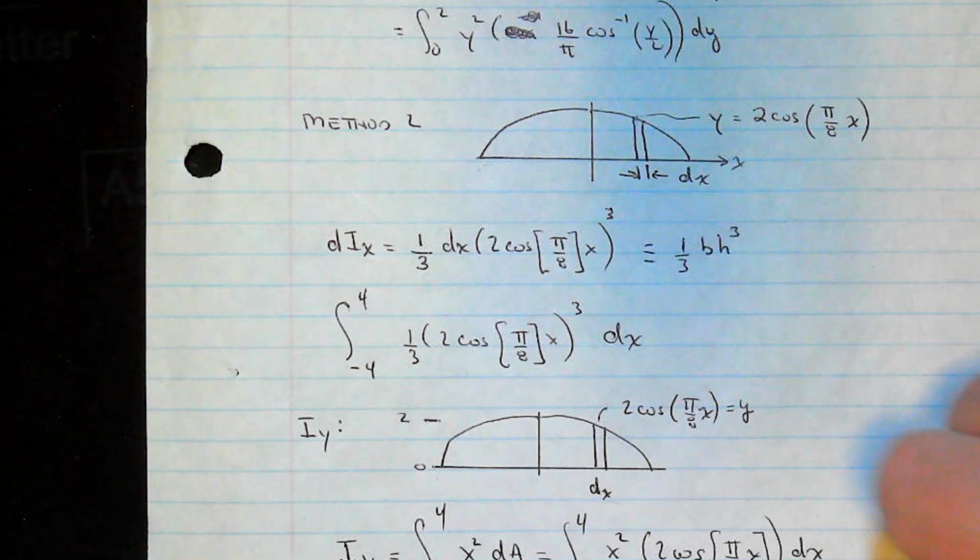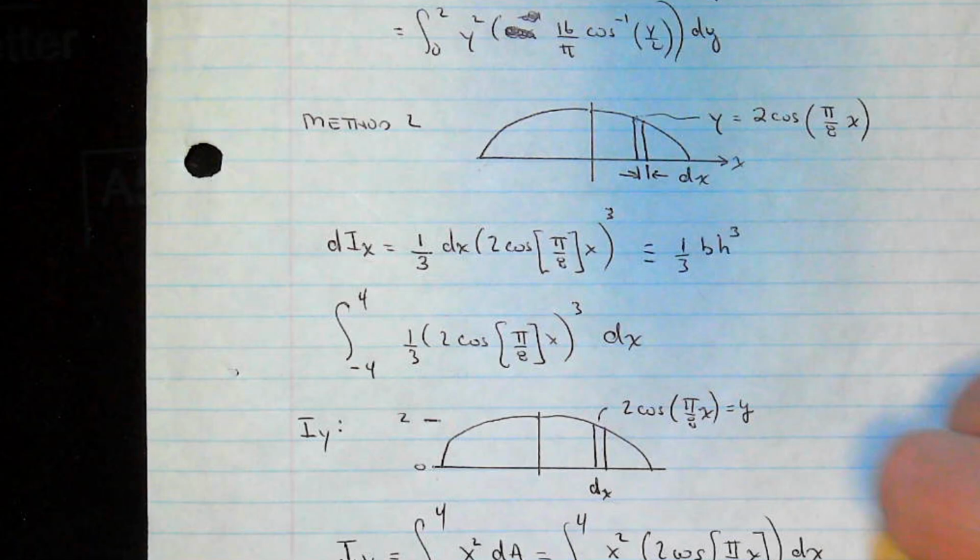So let's do that. I'll just go right to the chase here. X is going from -4 to +4. This is basically 1/3 base times height cubed.